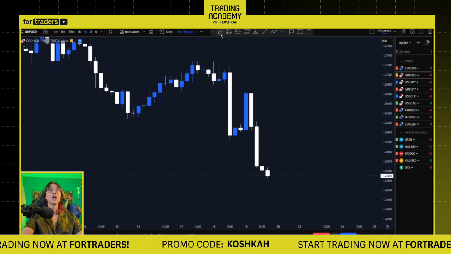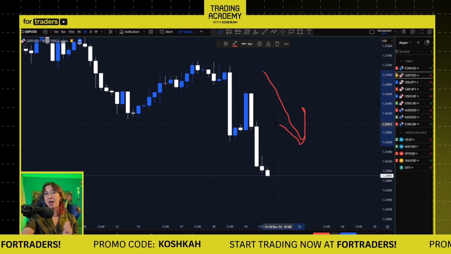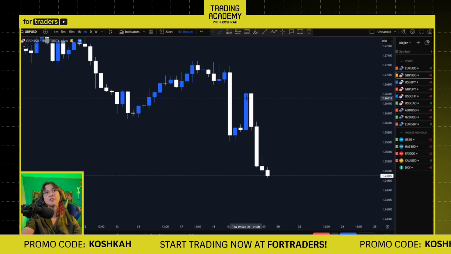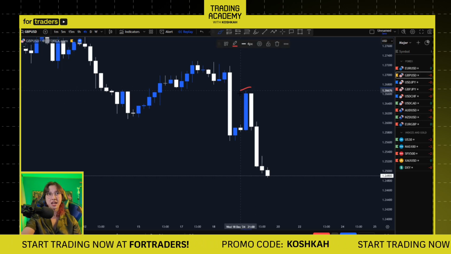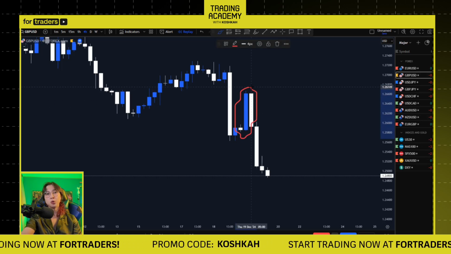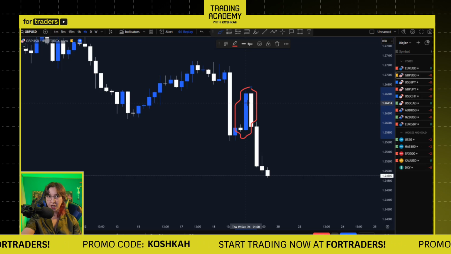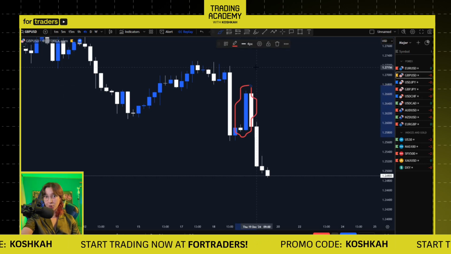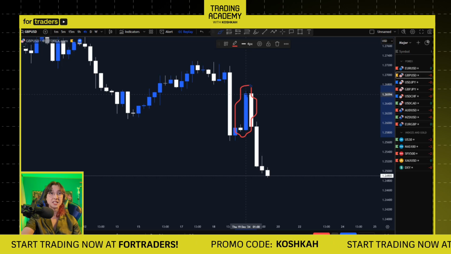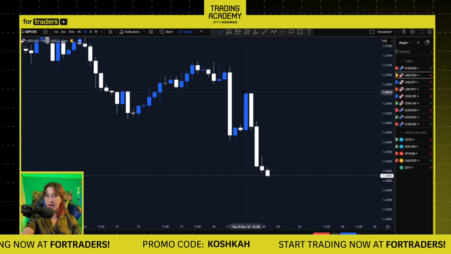So if we're in a bearish market, so in a downtrend, you will need to have your POIs be the opposite color candles. So in this case, the POI needs to be blue for me. So it's a bullish candle. So right here, my POI color, if it's a bearish market structure, my POIs need to be bullish candles.